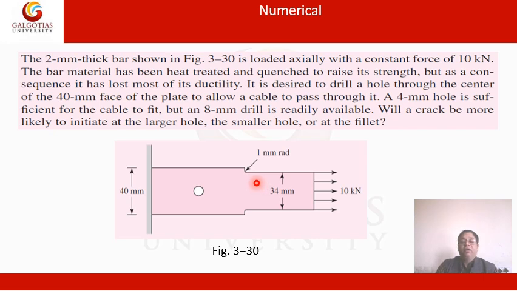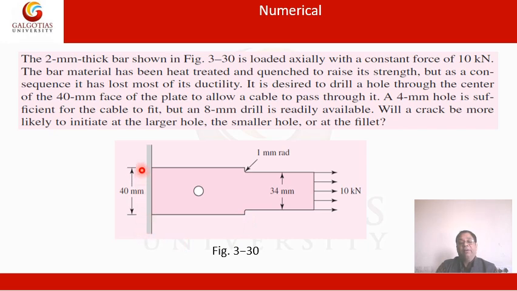I will tell you the location. This is a 1 mm fillet. The crack will form here at a faster rate than this drill hole, and this drill hole is 4 mm. If we provide an 8 mm hole here, then what will be the stress? So we have to calculate.